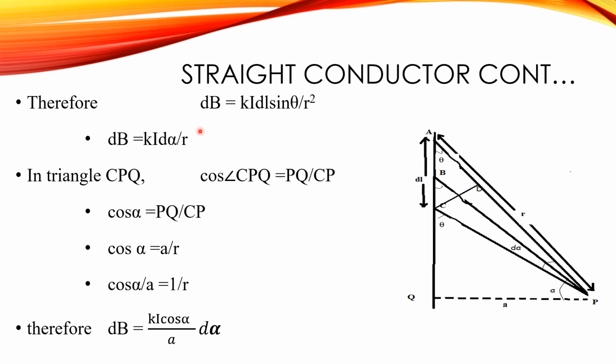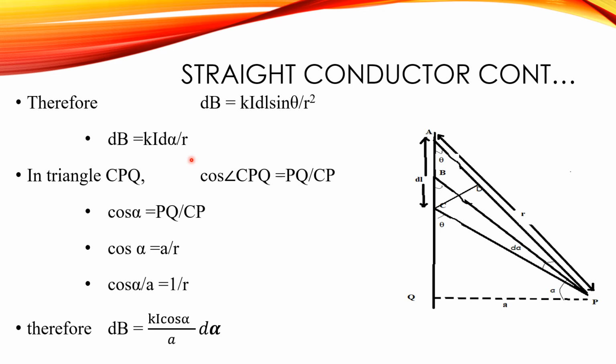We have dB equals Ki dl sine theta by r square, where if we consider this theta to be around 90 degrees, then sine theta will be 1 and dB will be Ki d alpha by r.